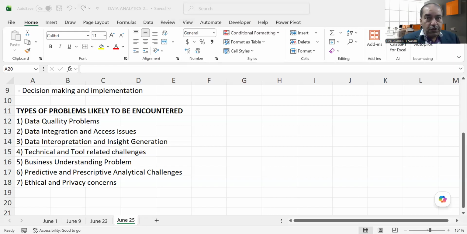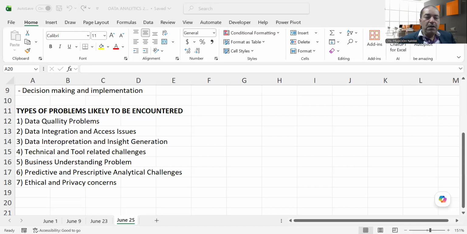Coming out with valid conclusions from that given data without a bias or without misleading correlations. So the right interpretation should come. That is one of the problems. Communicating the insights: what insights you have developed when you are analyzing the data, and how you are going to effectively communicate that to the stakeholders. Because you may have got some technical information, but conveying that to the stakeholders may be a difficulty, a challenge for you, right?